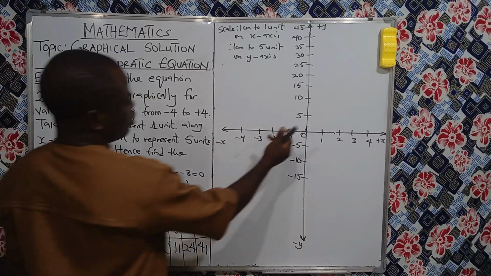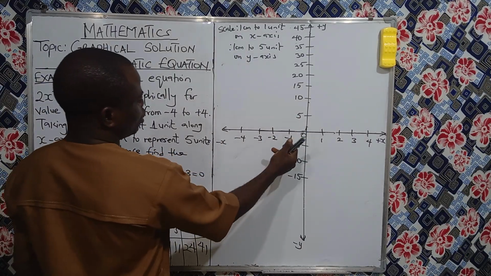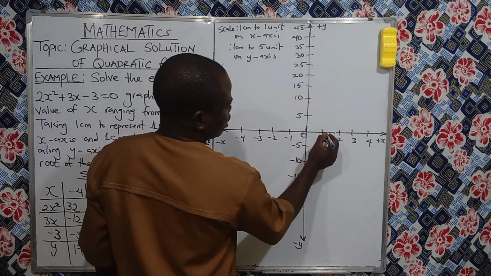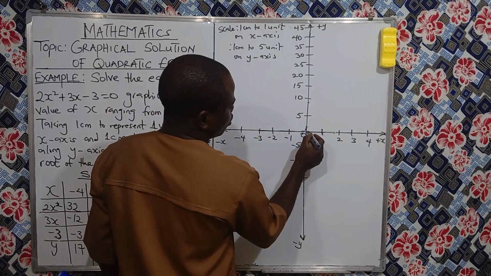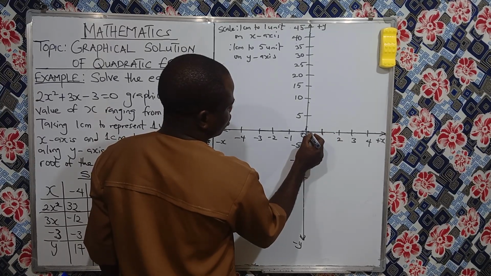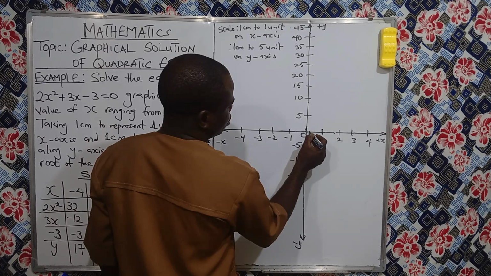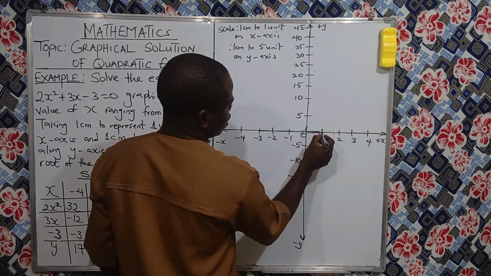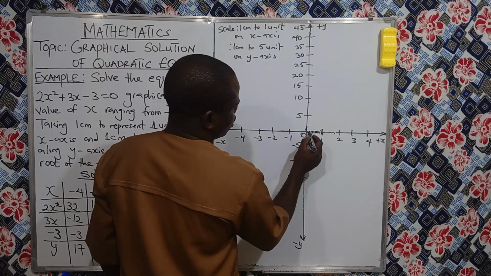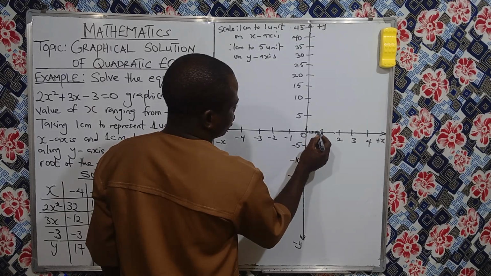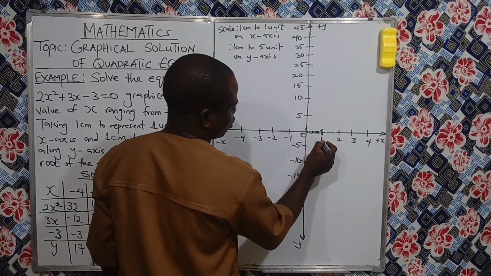And since it's 1 centimeter to 1 unit on x-axis, in this 1 unit you have 10 boxes or 10 lines, 1, 2, 3, 4, 5, 6, 7, 8, 9. The 10 will fall on this one.